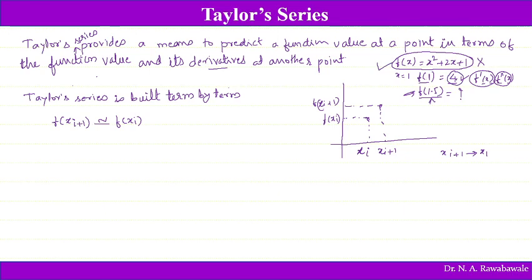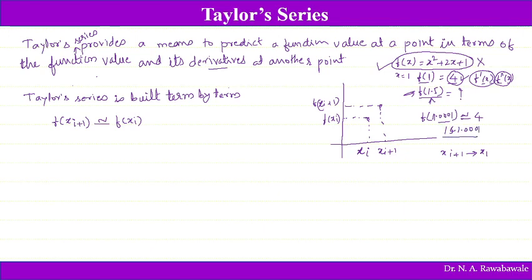And if we want to find out f of 1.0001, then the answer will be very, very close to 4, because these values of x are very close to each other, that is 1 and 1.0001 are very close.